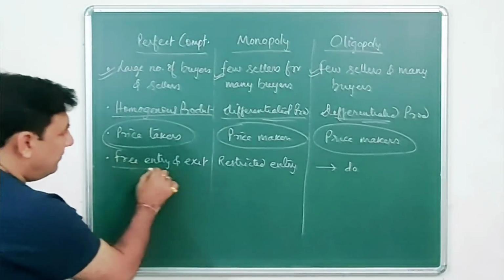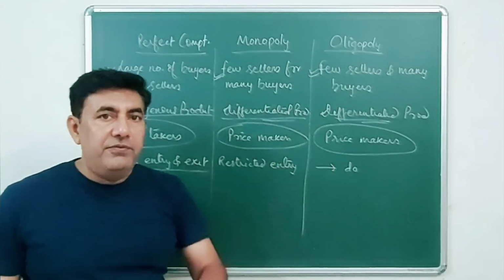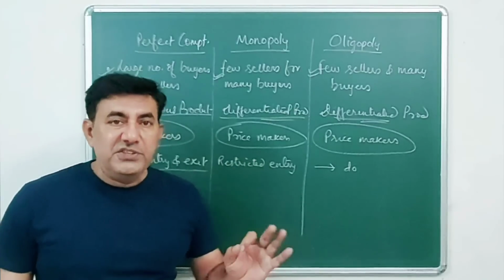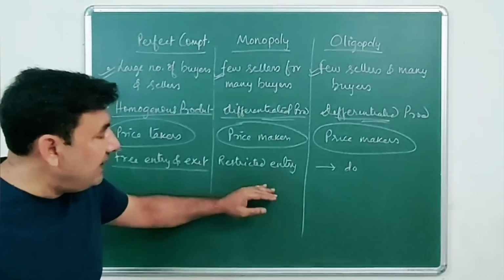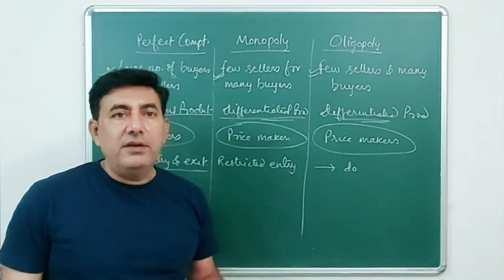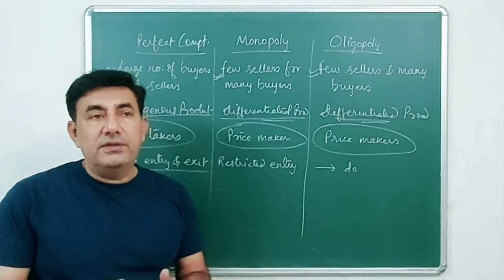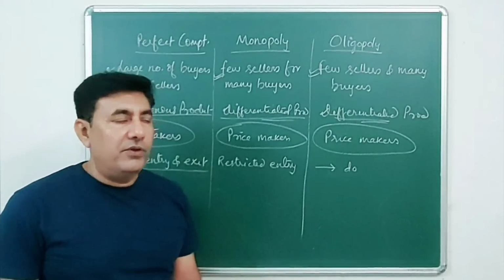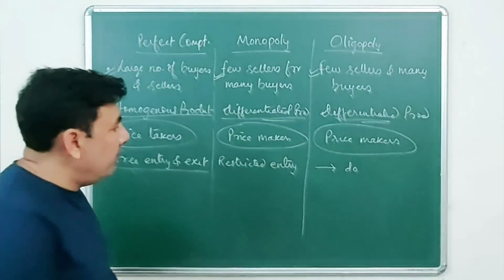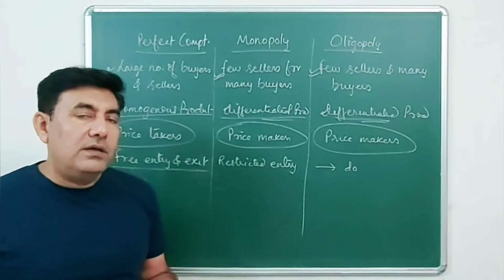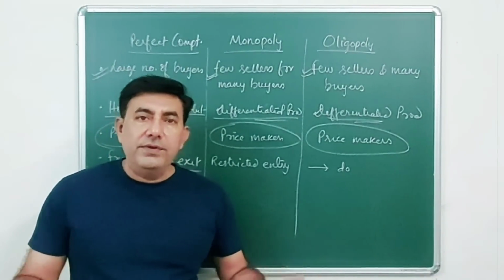And again, free entry and exit: that means any firm can enter and exit the market as and when it wishes. But here, entry is restricted. Like for example, railways have the monopoly. No one can enter into the railways because it is directly controlled by the government of India. And in oligopoly, the same thing. The entry is very hard to get, but you can exit the market as and when you like.